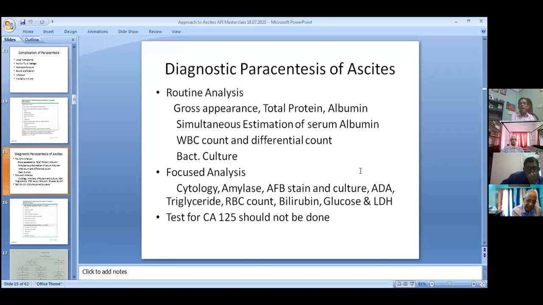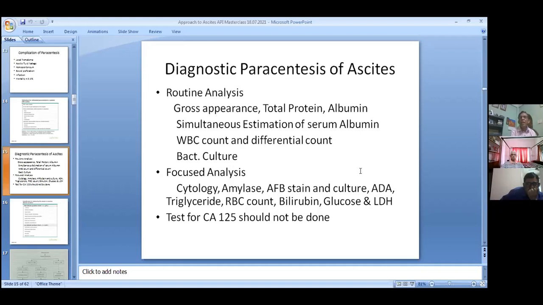The fluid should not coagulate if it is due to hemoperitoneum, but if it is traumatic, clotting will happen. And bilirubin in suspected obstructive jaundice. Glucose and LDH should not be done routinely, but if there is secondary bacterial peritonitis and significant sepsis, then the glucose will be low and LDH will be high.